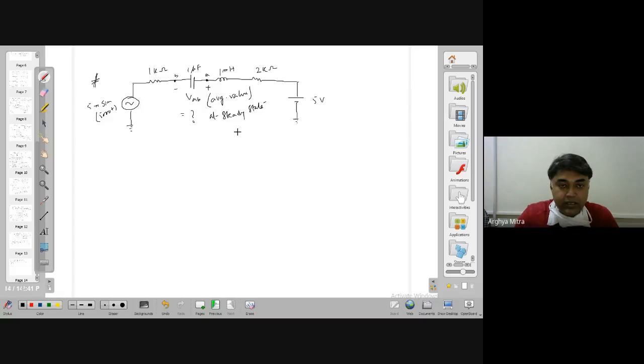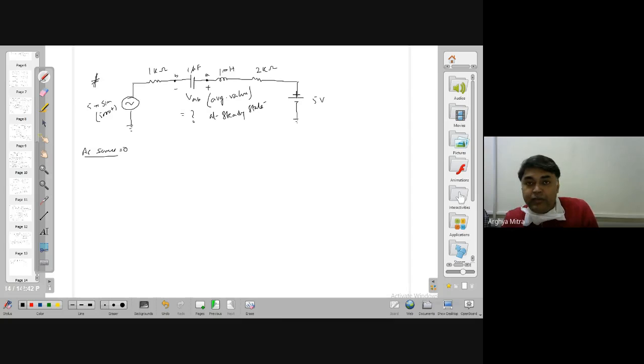So let us consider that my AC source is 0. AC source is 0, that means it is shorted. If it is shorted, then this 5 ohm is only present. With 5 ohm present in the network, the average value at steady state across the capacitor will act as if it is open circuited, isn't it? So the voltage will appear across this open circuit.